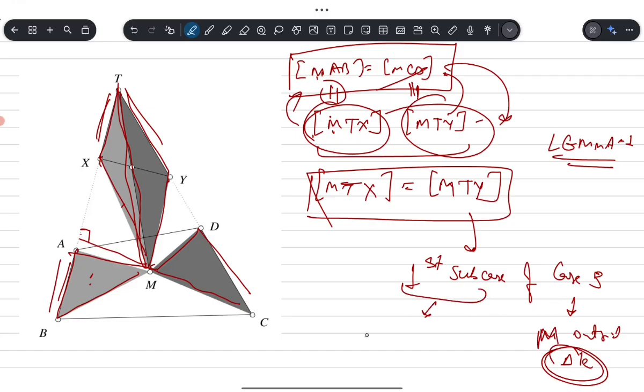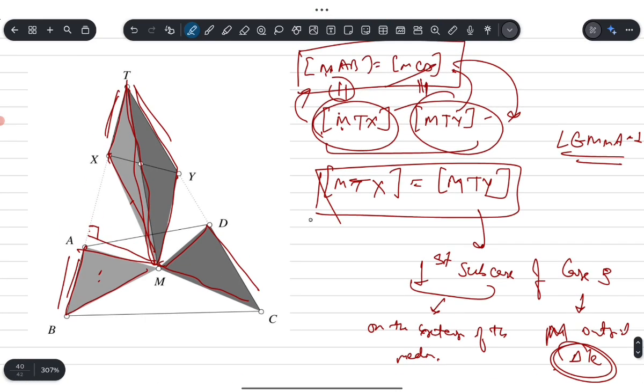The first subcase was on the extension of the median. The triangle I'm talking about here is triangle TXY.